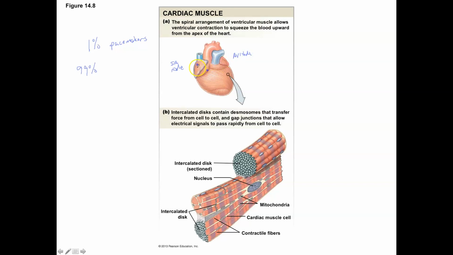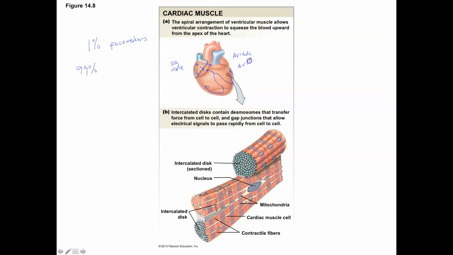And so information is going to travel across the atria as that information travels towards the AV node. From the AV node, we have the AV bundle, and then that branches into the right and left bundle branches. And then we also have fibers that run up the walls of the myocardium, known as the Purkinje fibers.